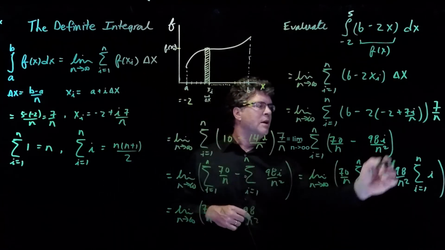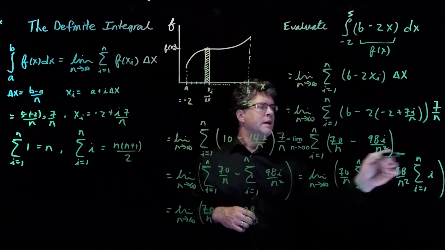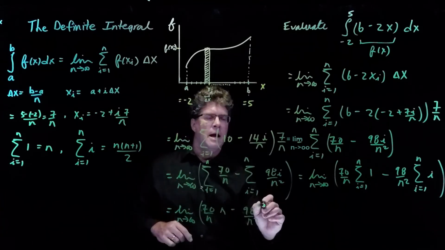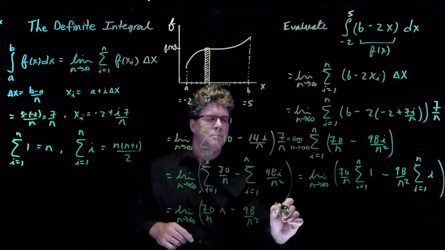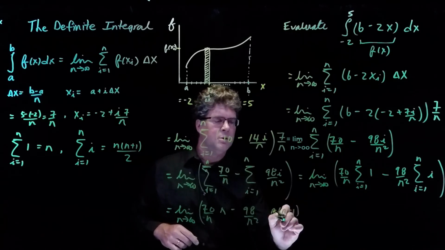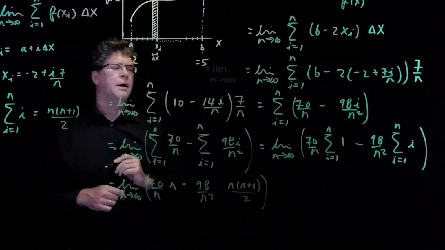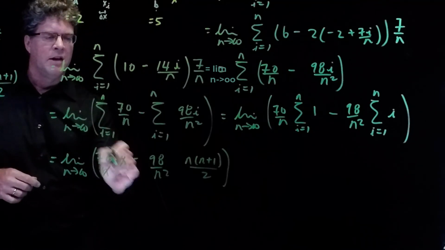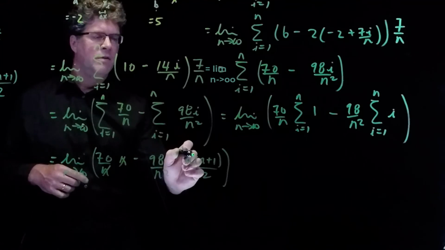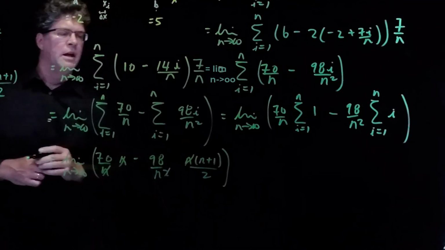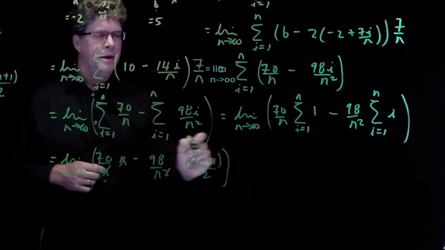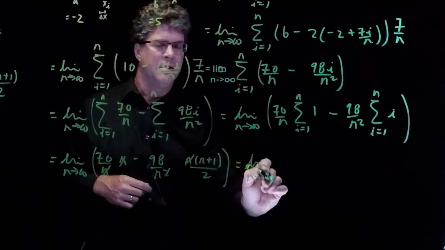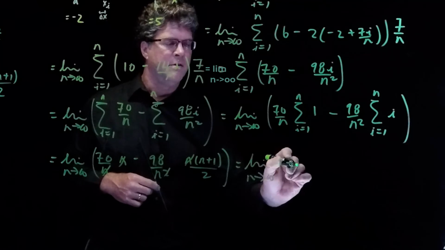Instead of summing i from 1 to n, I'm going to put in n times n plus 1 over 2. You can see there are some cancellations here. One of the n's here will cancel with one of the n's down there.